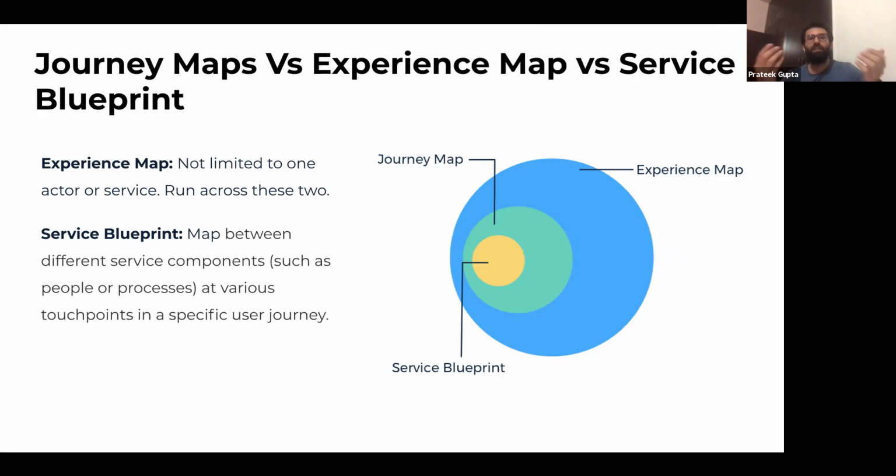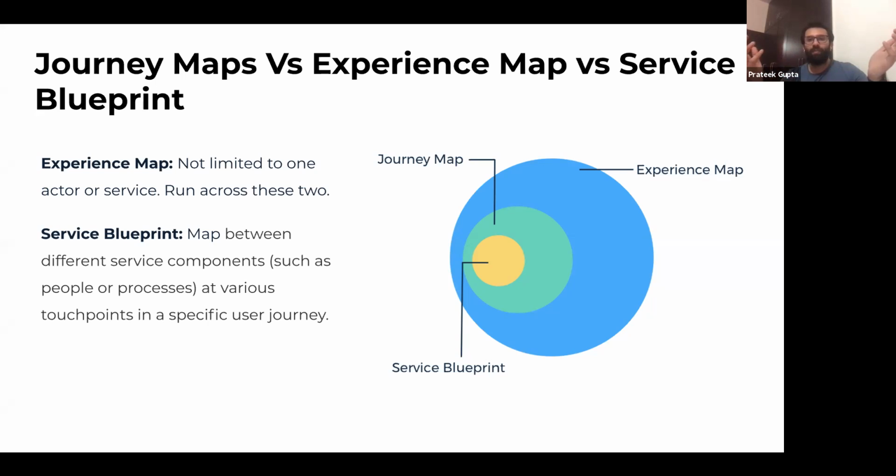When a journey map talks about me wanting to order a food, we'll talk about my journey. But when we are designing an experience map, we'll talk about the whole journey. So we'll talk about the delivery boy's experience also, how he is experiencing. We'll talk about the user, which is me, who's ordering the food. We'll also talk about the restaurant, right? How the restaurant is receiving the order and preparing it.